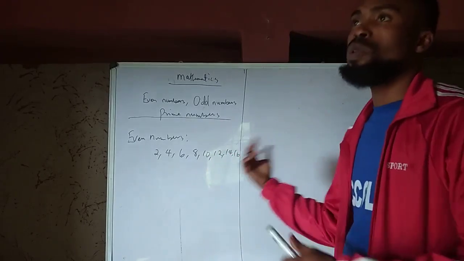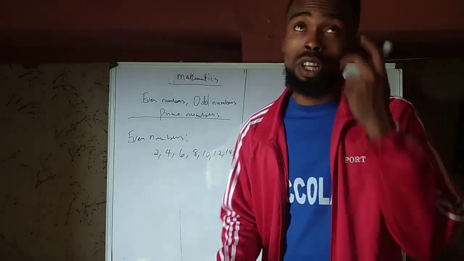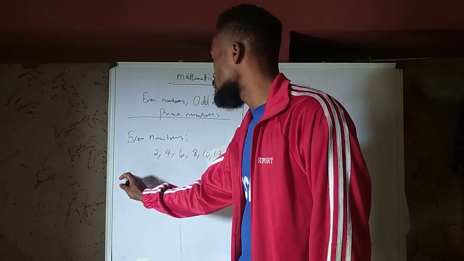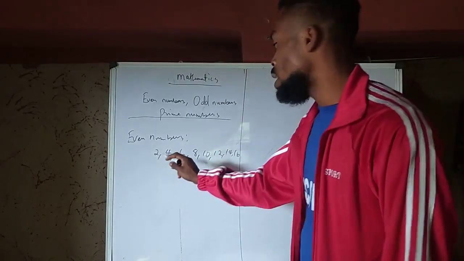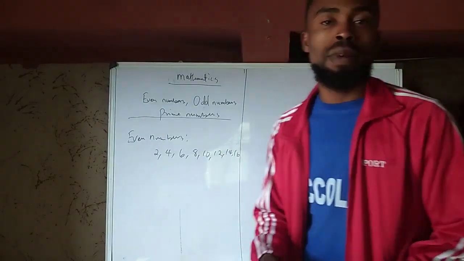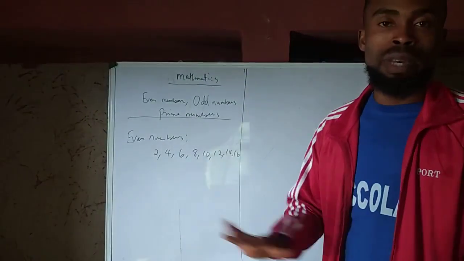You just keep going. All these are even numbers. Why do we call them even numbers? We call them even numbers because when we divide them by 2, there will be no remainder.